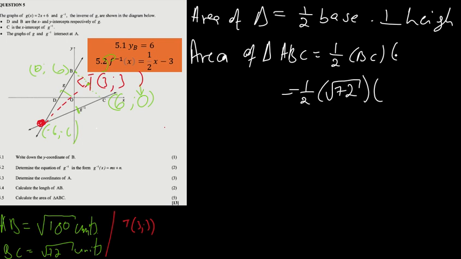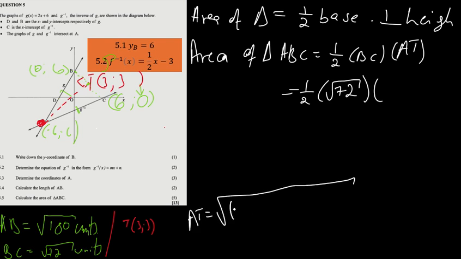Then, what is it that I did here? Perpendicular height, it's AT. So I'll substitute in the place of AT. I need to find the length of AT. Oh my god, what is it with this question? Let me quickly find the length of AT here.